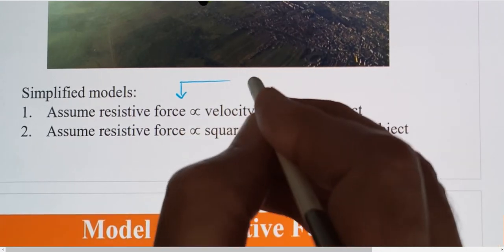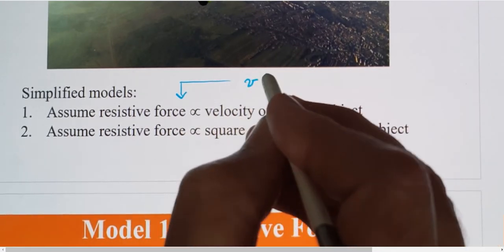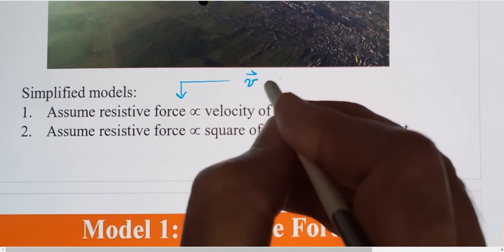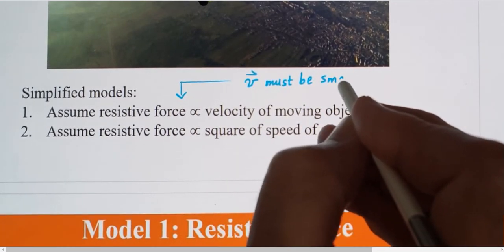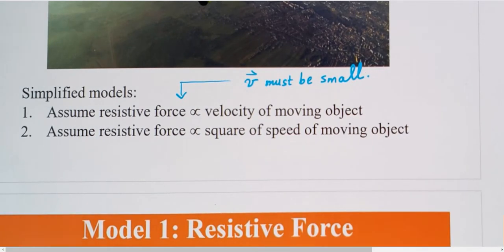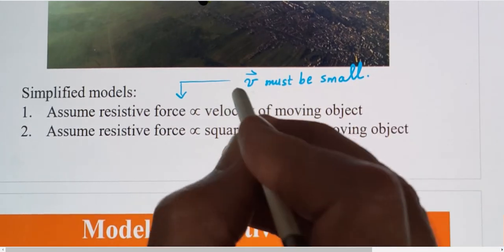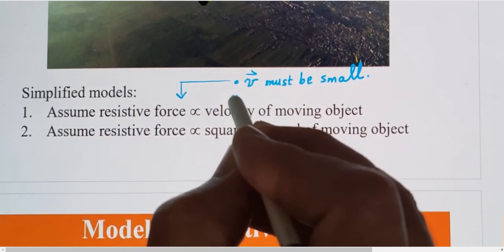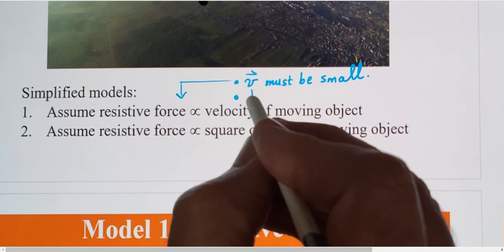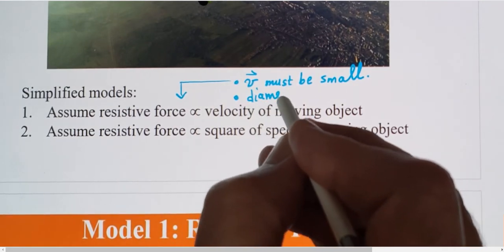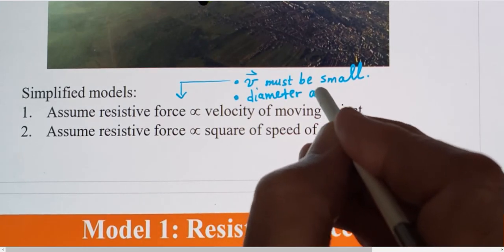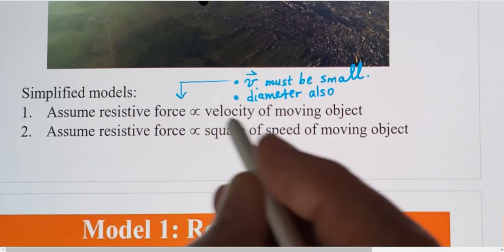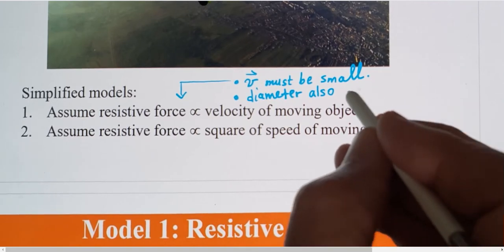Condition number one, the velocity must be small. That's the first condition. What is the second condition? The diameter or dimension of the object must also be small.